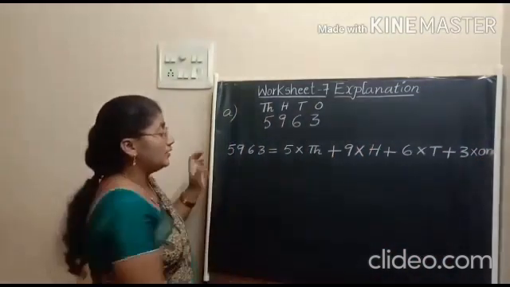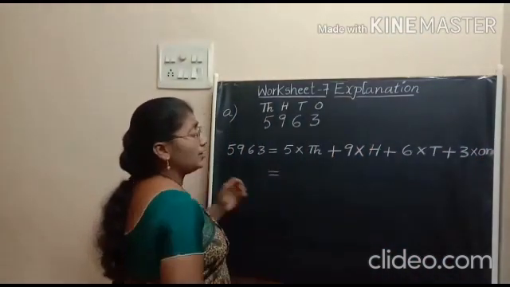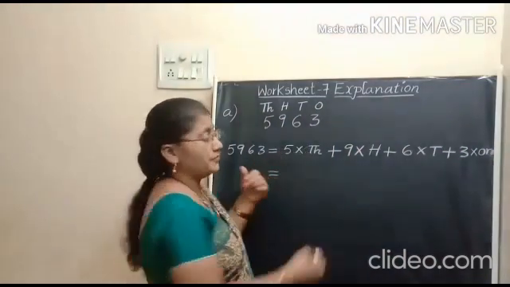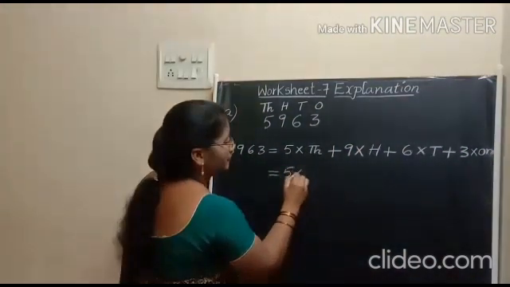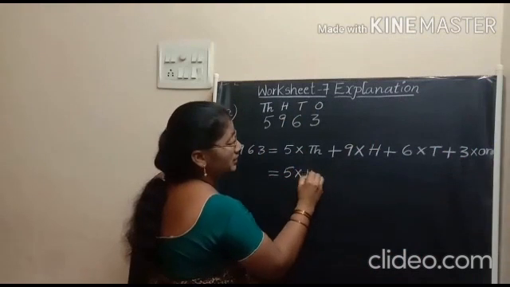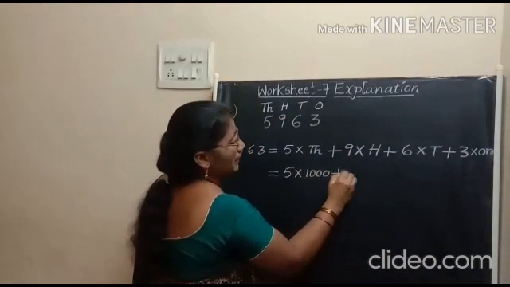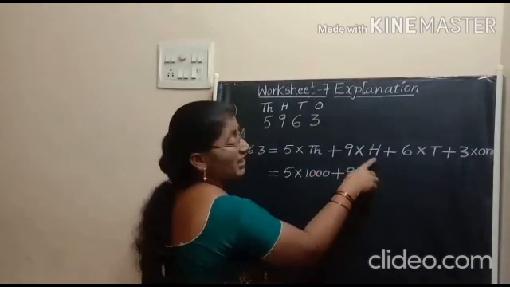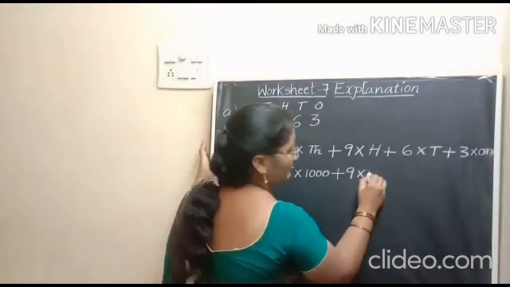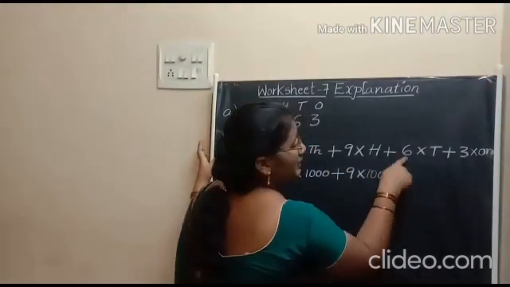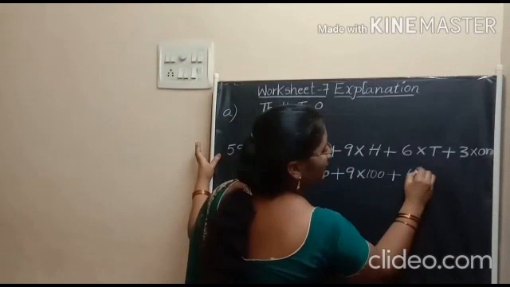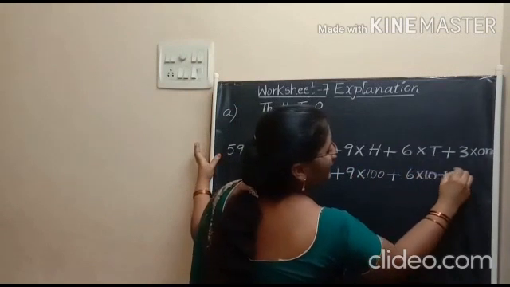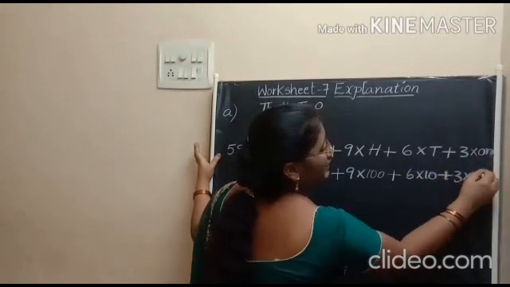Okay. Then I am taking numerical form. 5 into TH means 1000, plus 9 into H means 100, plus 6 into T. T means 10, plus 3 into ones means 1.